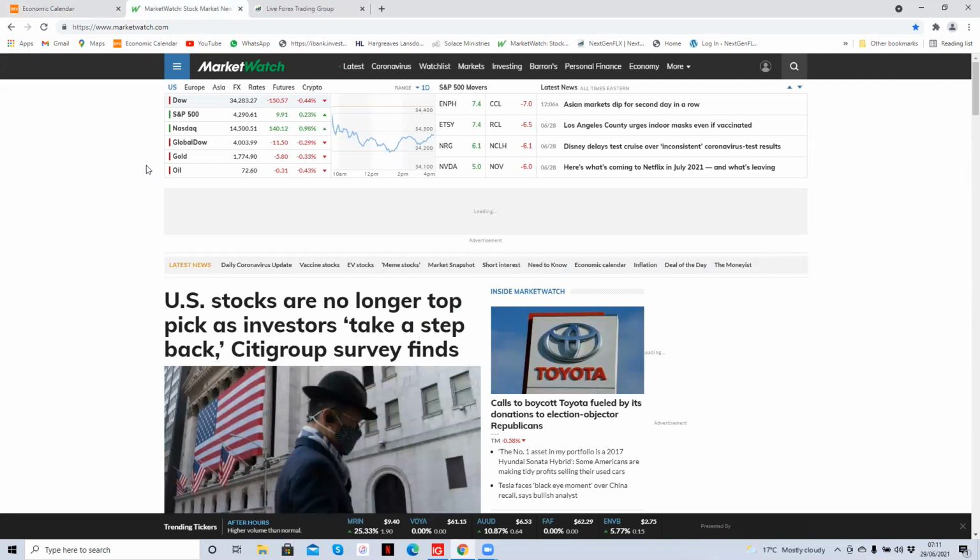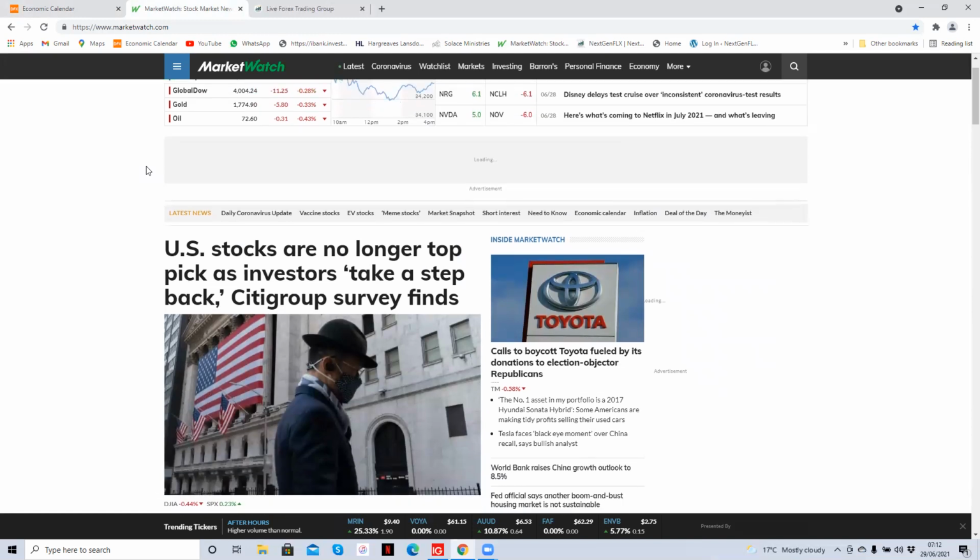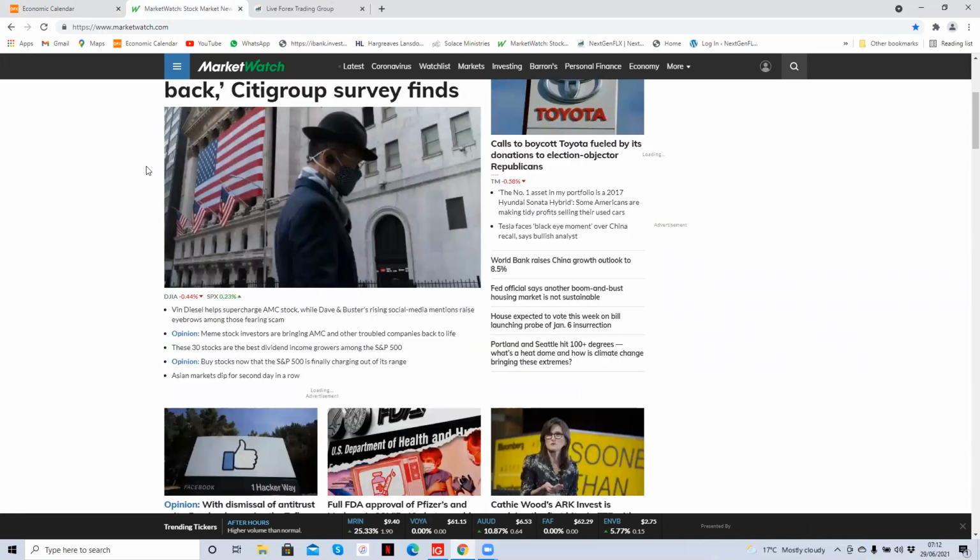The potential thing that could cause uncertainty in the market is obviously the US administration, the Joe Biden administration. They're beginning to flex their muscles with China, and also Russia.